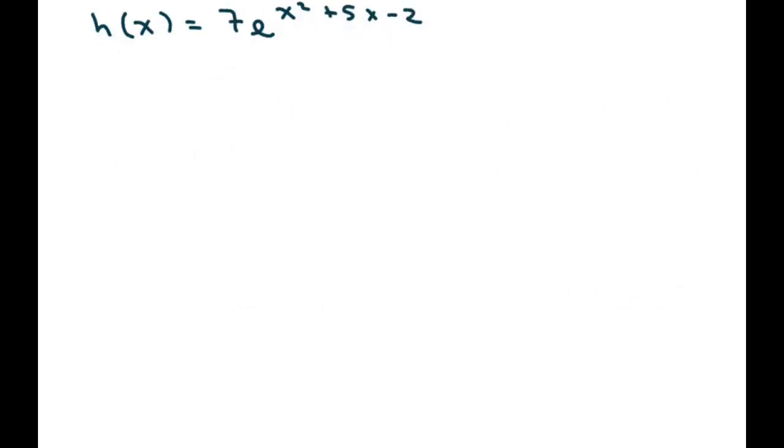Okay, the next one we're doing is this one. So I'm going to let u be this part. So my inner function would be u equals x squared plus 5x minus 2. Therefore, my y is just going to be 7e to the u, because I'm using that as substitution.